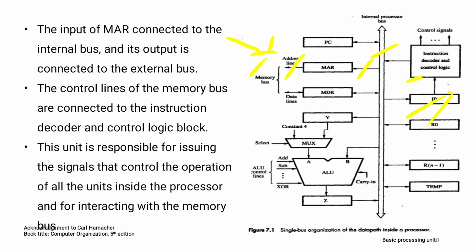So this instruction decoder and control logic block is responsible for generating control signals that control and coordinate the activities of all different parts of the processor and the processor interacting with the memory.